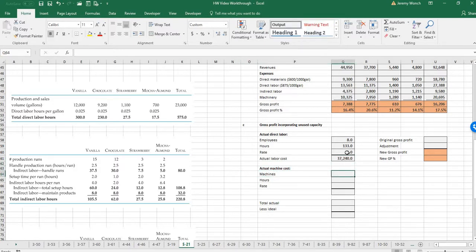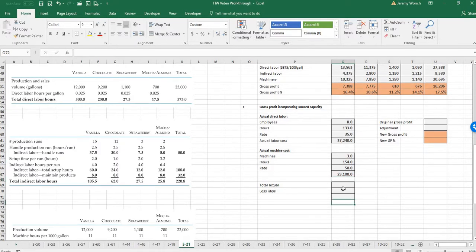Our actual machine cost, says we're going to have 3 machines. Their productive hours are 154 hours a month, and that gives us a rate of 50. So we just multiply that out. So the actual machine cost is going to be $23,000.